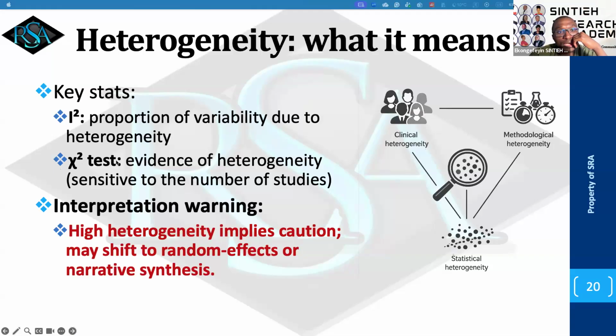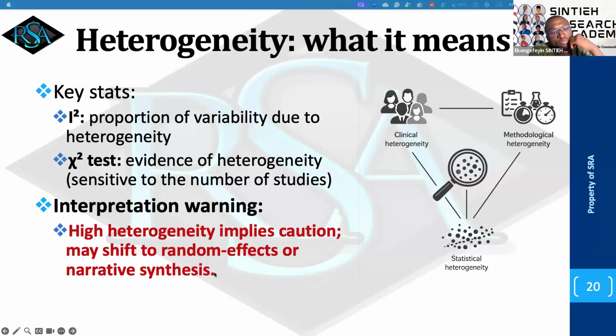And then the chi-square test also helps us know if there is some evidence of heterogeneity within the studies that you have selected. But generally, high heterogeneity implies that you should interpret your results with caution, and you should consider using a random effect model or go to narrative synthesis.